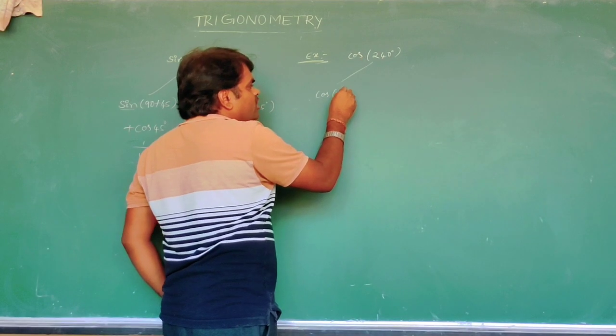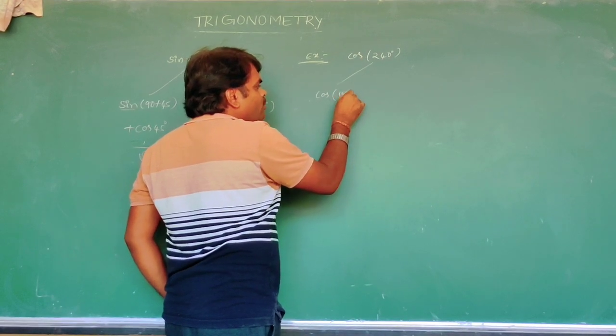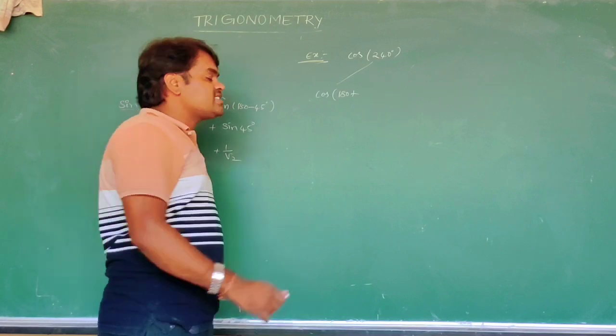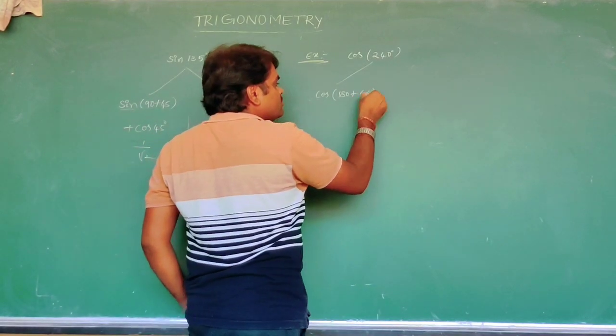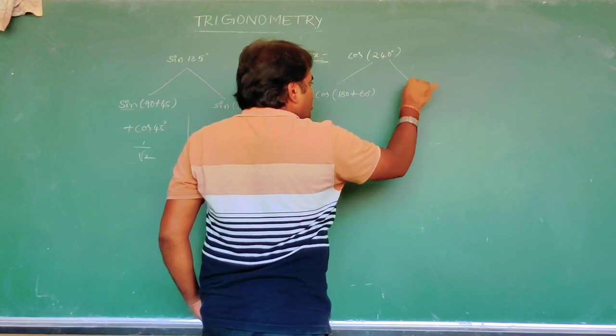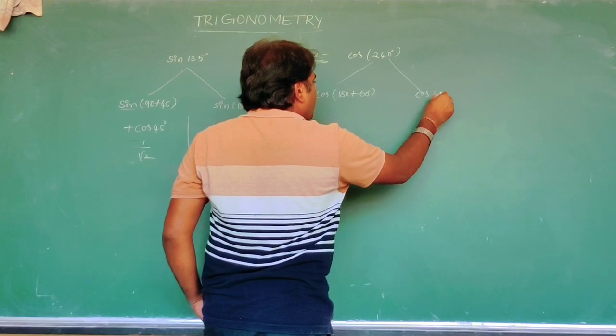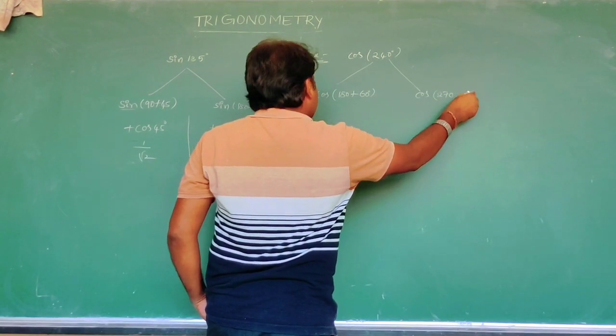What do we write for 240? 180 plus 60, or another one, cos of 270 minus 30.